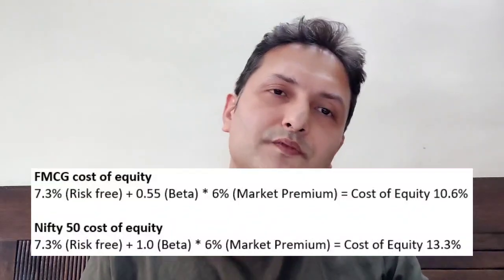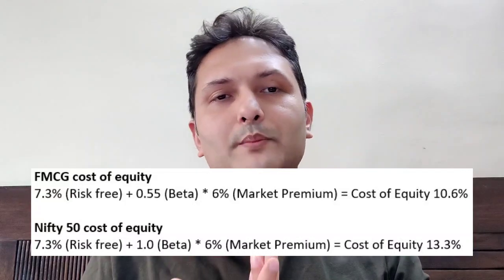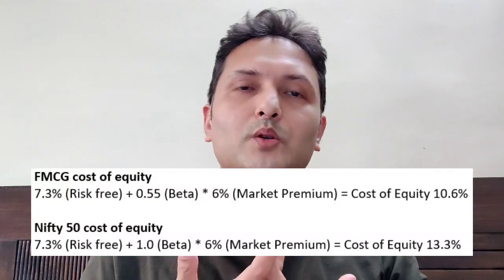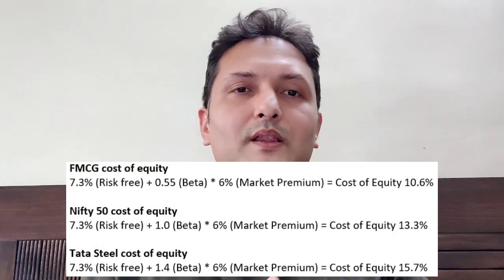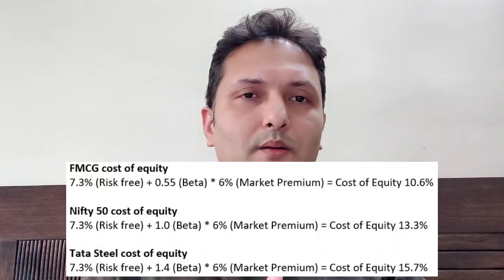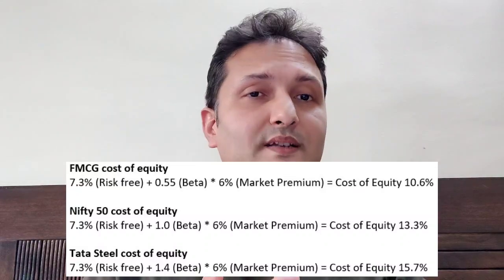It would be risk-free rate plus beta for market, which is always 1, multiplied by market premium. Then I come to a cost of equity of about 13.3%. Similarly, if I take a higher risk company, like Tata Steel in our example, the risk-free rate plus beta multiplied with market premium, we get a cost of equity of about 15.7%.